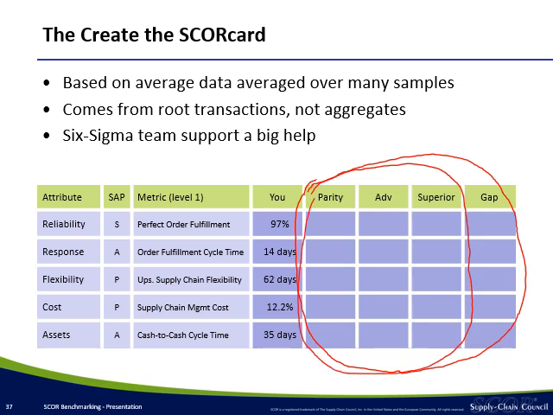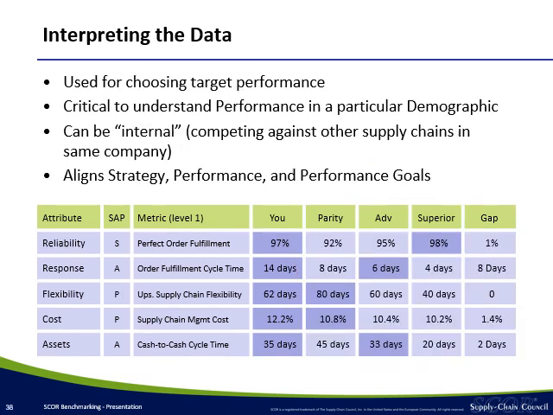It will give you three values. One of them is the value for the superior companies, one is the value for the advantage companies, and one is the value for the regular companies.